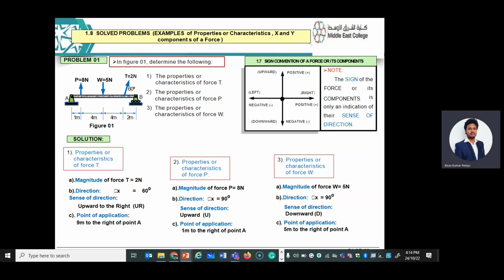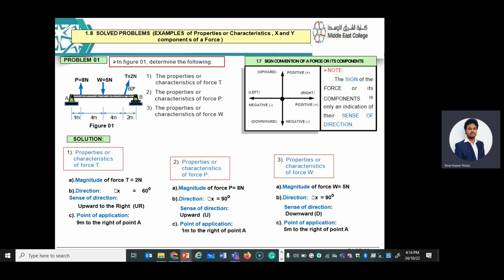So the first one, at point T, the magnitude of force is given how much? 2 newtons. And what is the direction? The angle is given as 60, upward to the right. So what is being asked here? To determine the properties or the characteristics.